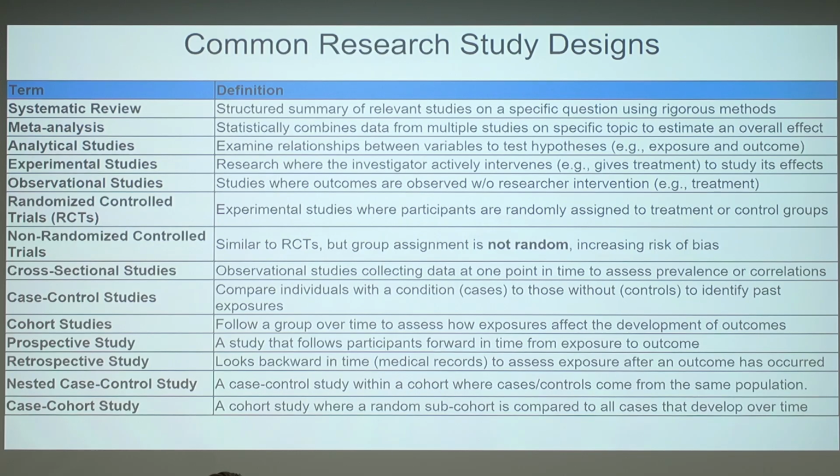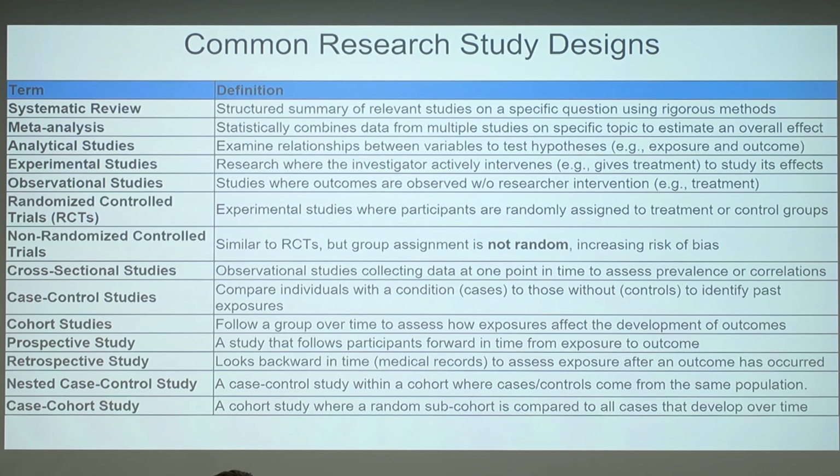Cohort studies is just following a group over time. That can be retrospective or prospective. Then you have nested case control study. The latter two are cheaper ways of conducting large scale studies.